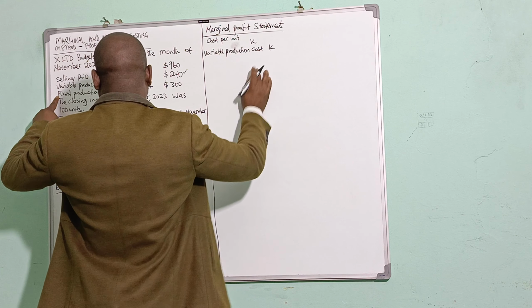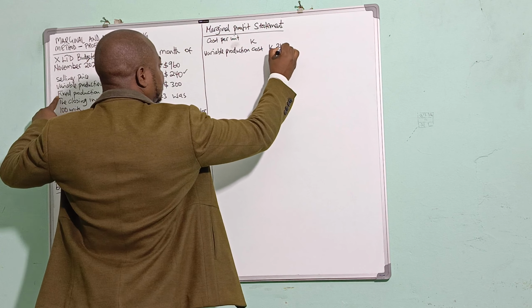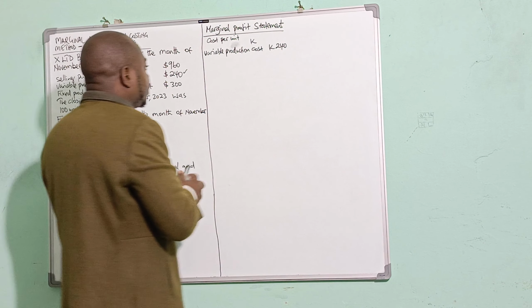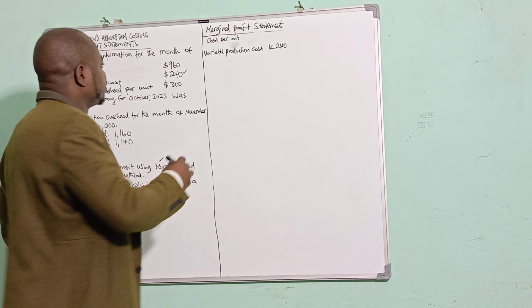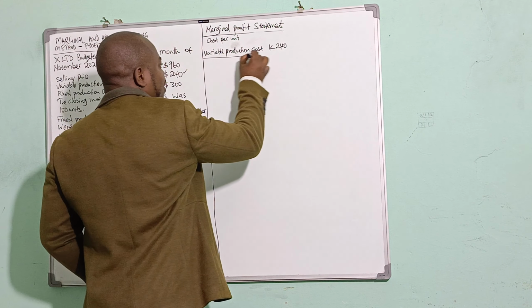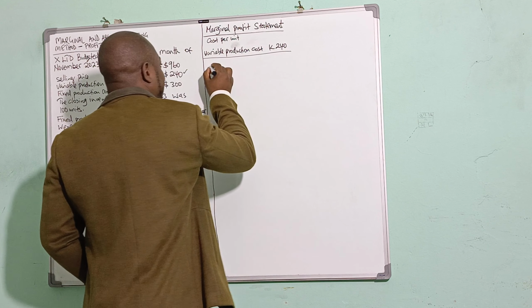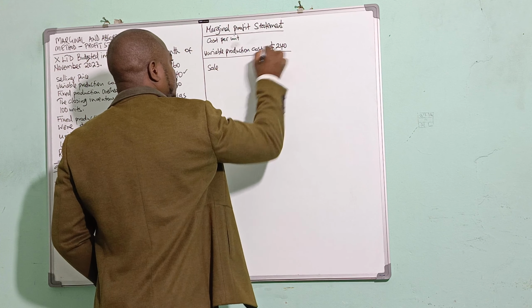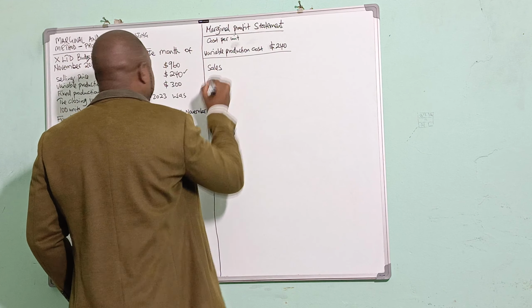So my variable production cost is actually $240. So this is my cost per unit if I'm using the marginal approach. Once I have the cost per unit, I can now start with sales, in dollars.